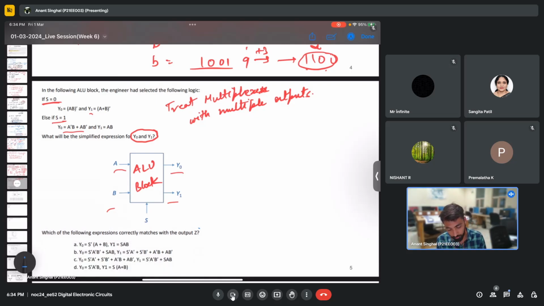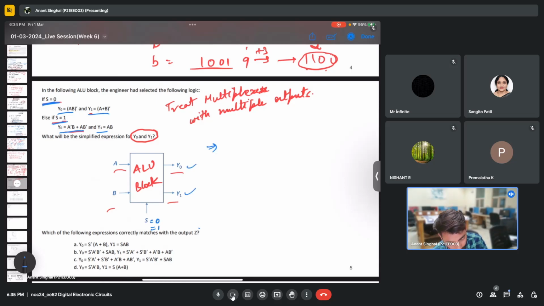Now in the question it is clearly written, if S is 0 then y0 and y1 will be this, and if S is 1 then y0 and y1 will be this. So for S is 0, y0 is given and y1 is given.